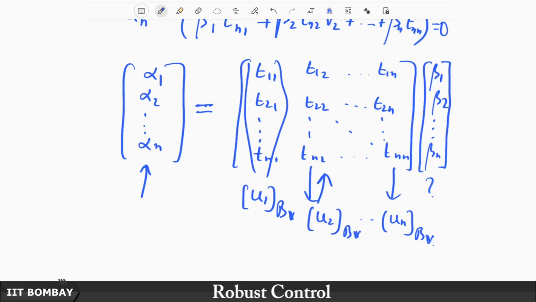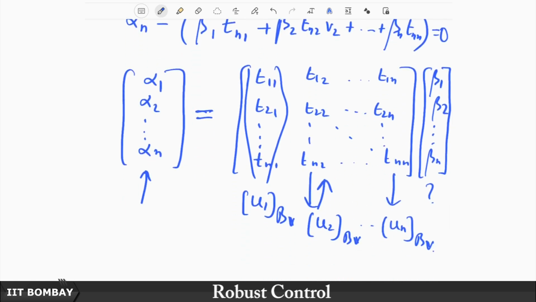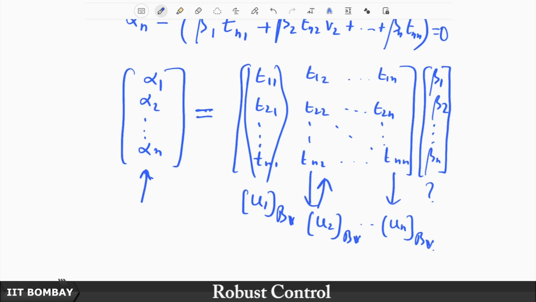So, therefore, given that I have the representation in terms of bv and I want to find the representation in terms of b tilde v, what do I basically need to know? I basically need to know how I can represent each element in the basis in terms of the basis which I already know.